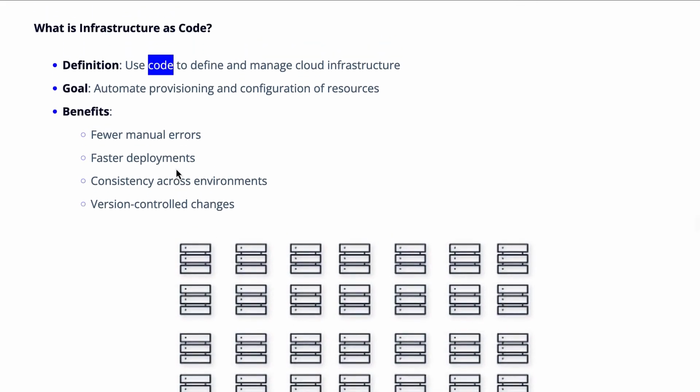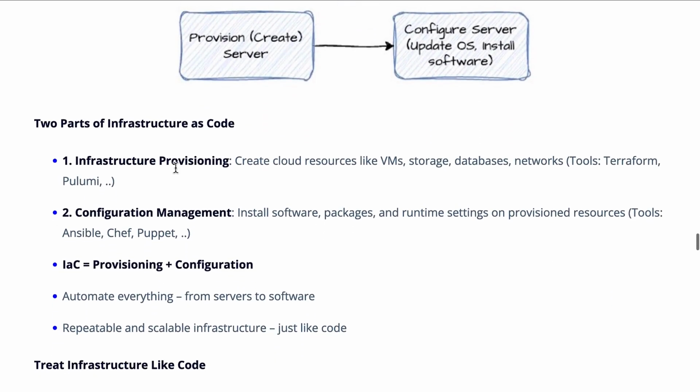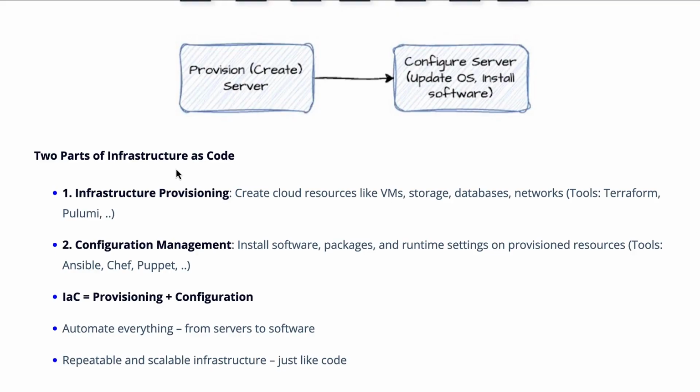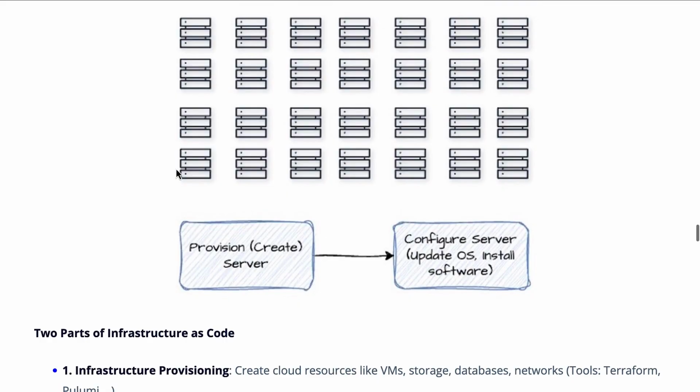So infrastructure as code is about using code to define and manage your cloud infrastructure. And there are 2 parts to infrastructure as code. So whenever you want to create hundreds of servers, it's not sufficient if you just create them, right? You want to configure them to have the right configuration. You want to set the operating system configuration.